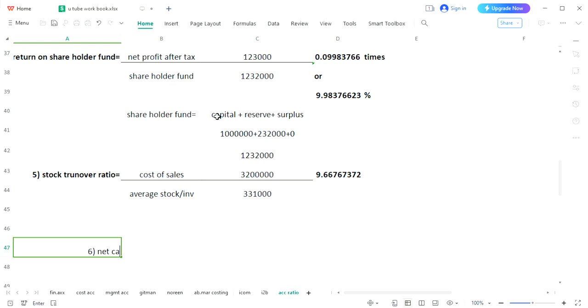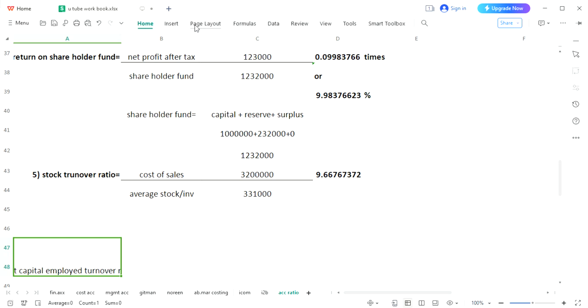net capital employed turnover ratio. Although you must have this formula in your mind, but in case you want to know, I will write this formula and you are responsible to memorize it in a better way.